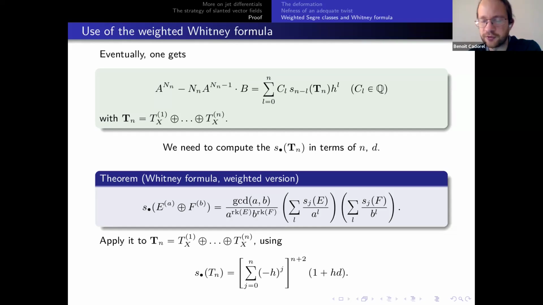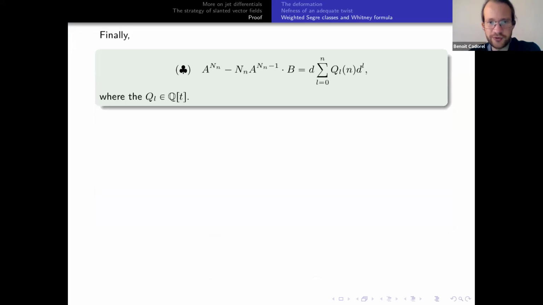So you can describe the Segre class of its tangent bundle just by using the standard exact sequence relating the tangent bundle of Pn+1 with the normal bundle of the hypersurface, which appears here. And this is related, as I said, to the Segre class of the tangent bundle of Pn+1. Okay, and now you have to be quite courageous and put everything in the formula. It is not that fun, but it is doable.